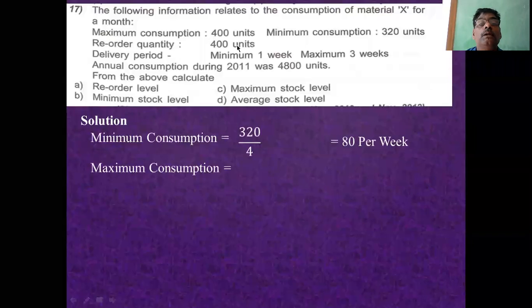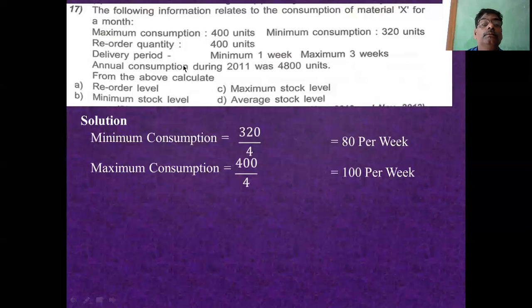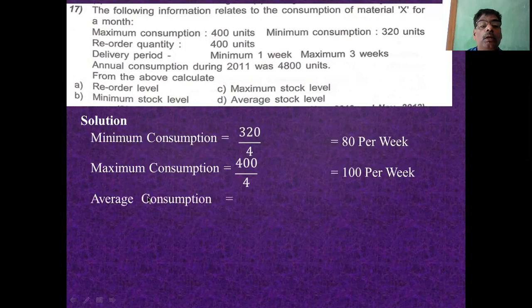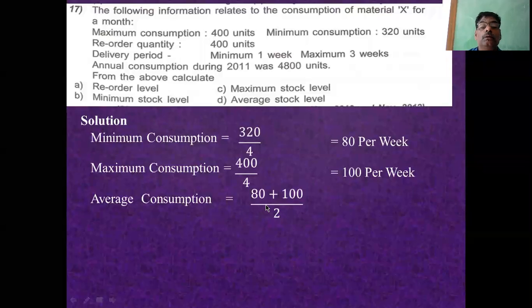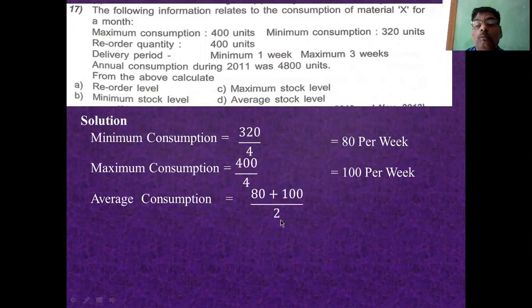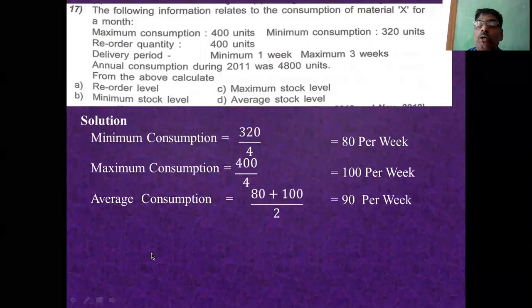Maximum consumption is equal to 400 units divided by 4, which is 100 units per week. Then average consumption is equal to 80 plus 100 divided by 2, which is 90 units per week.